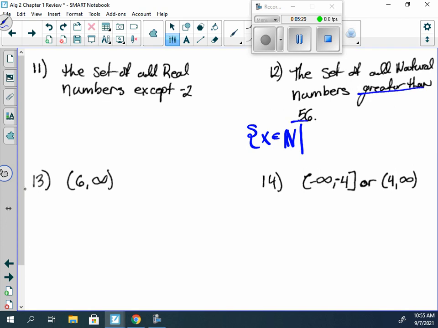Greater than 56. So we would say what x is? Because we're saying x is an element of the natural numbers such that x is greater than 56. And it asks us to write it so that it is the set of all natural numbers greater than 56.